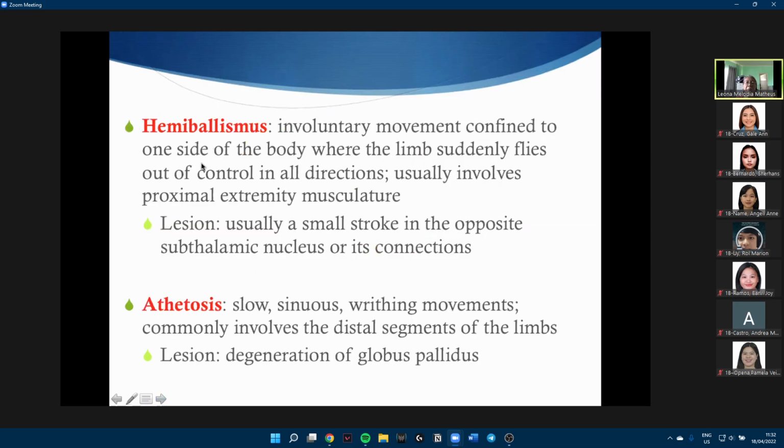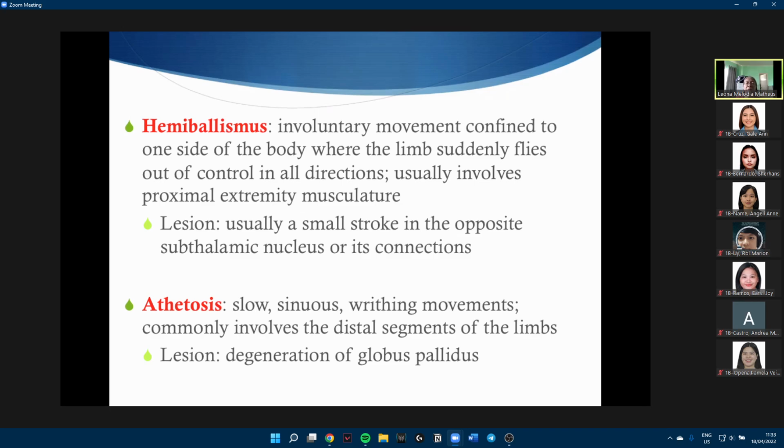Then we have hemiballismus, no? So as the term says, you have involuntary movement confined to only one side of the body, kaya nga hemi, where the limb suddenly flies out of control in all directions. Bigla na lang lumilipad yung ating limb, no? And it usually involves the proximal extremity, sabihin yung upper extremity natin, no?